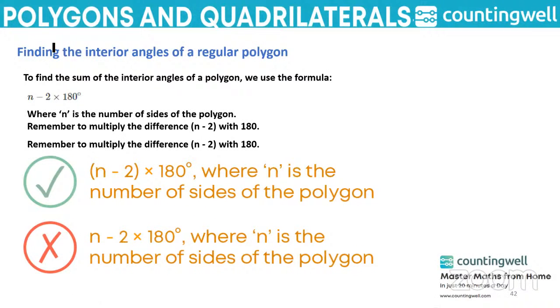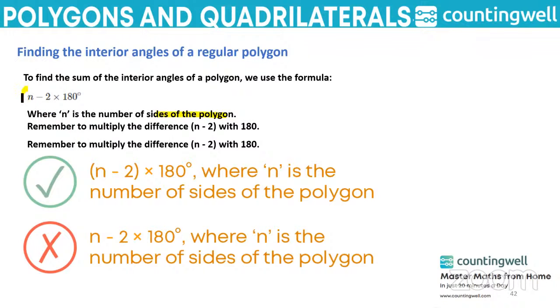Next, let us find the interior angles of a regular polygon. The confusion here, what students do, let us see. So we use the formula (n minus 2) into 180, where n is the number of sides of the polygon.